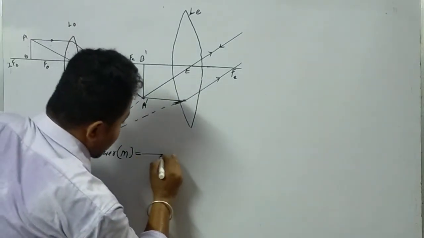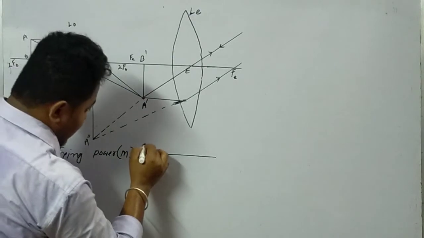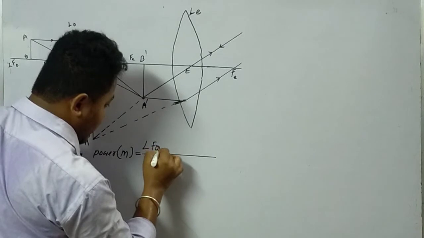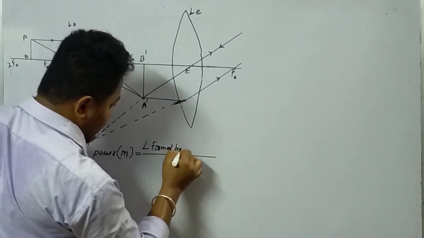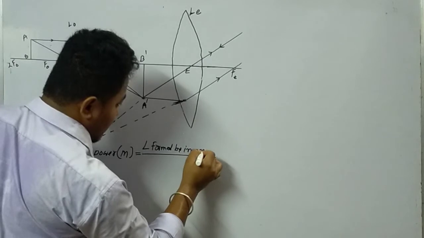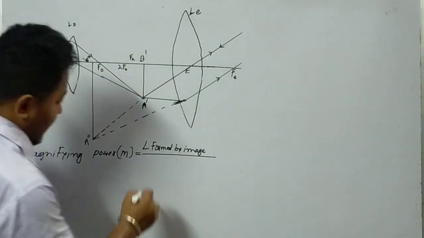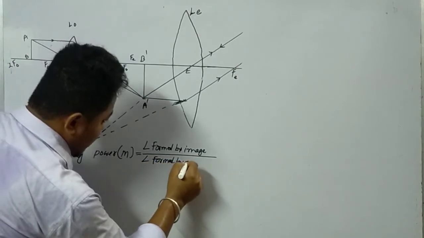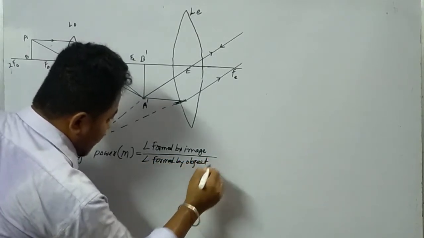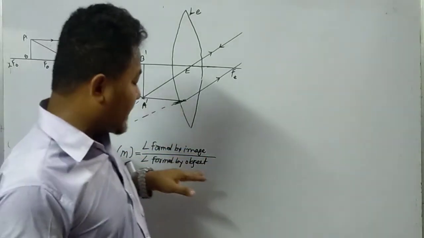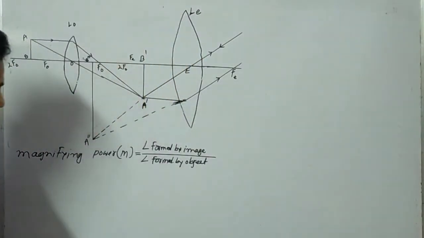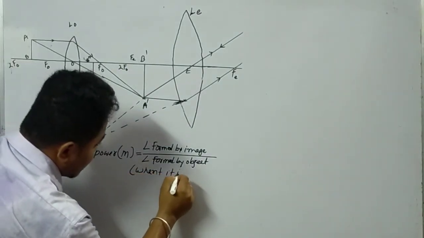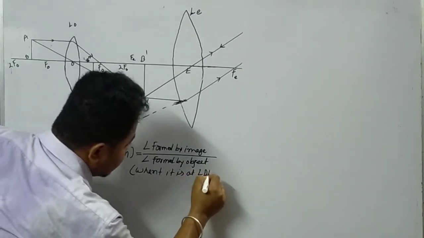So this will be, as I told you, the angle formed by the image divided by the angle formed by the object when it is at LDDB.